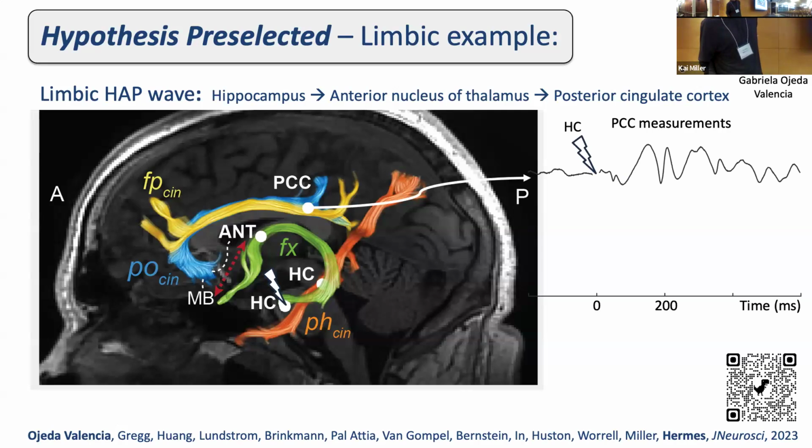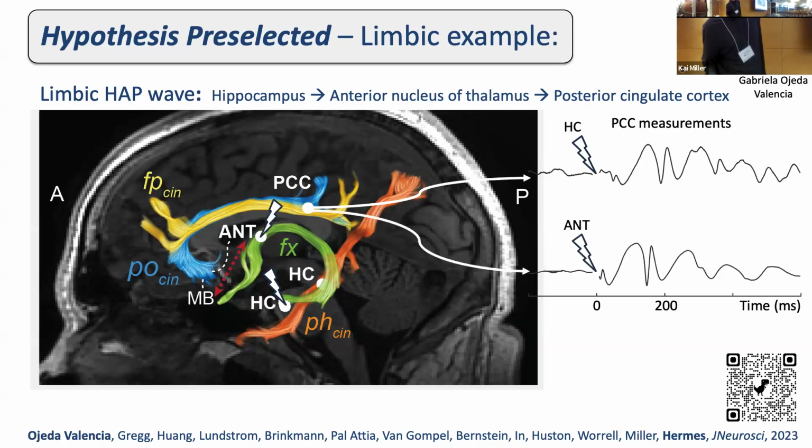But in this case, you can get a measured voltage here. And again, this is an illustrative slide, so Gabby knows to always have units, but she does have them along the y-axis or the x-axis. But you get some characteristic response here when you stimulate hippocampus in the posterior cingulate. But then you can also stimulate in the anterior nucleus of the thalamus, and you get a different one.